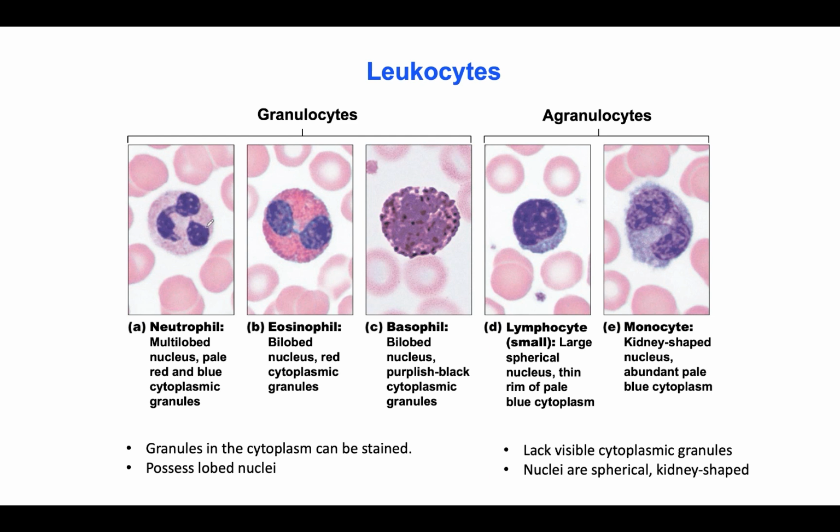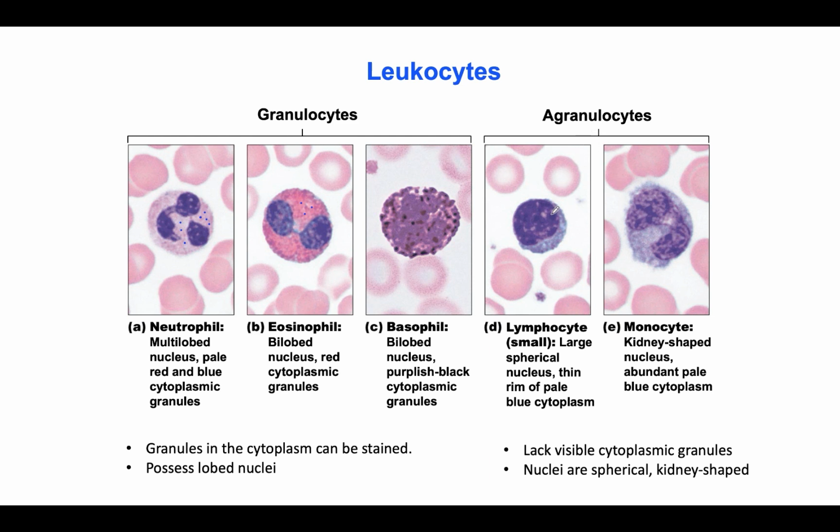Here's the nucleus. In the rest, you can see some granules in the cytoplasm. Those granules are stained red in eosinophil. Neutrophil is stained pink or purple, and basophil is stained purple.